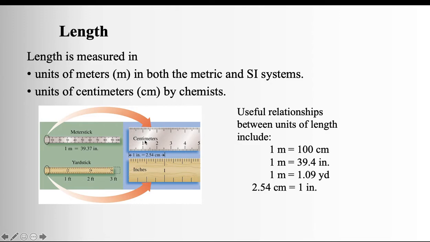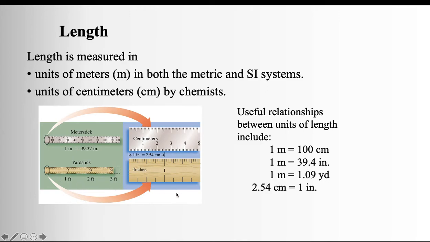This is a meter stick that's been divided into 100 equal parts, and one of those is equal to a centimeter. If I take one of these centimeters and divide it into 10 more parts, one of these is called a millimeter. So a meter will have 100 centimeters or 1,000 millimeters. That's all because they're divided into multiples of 10.